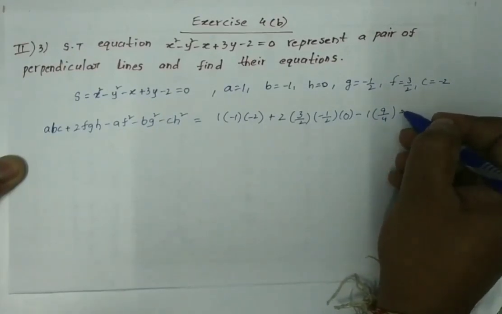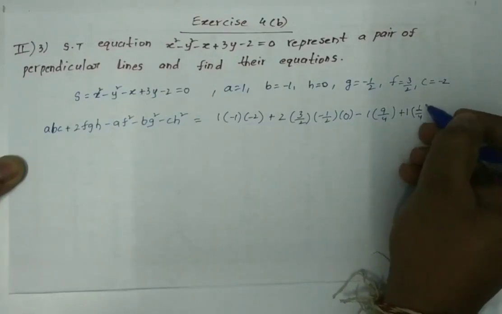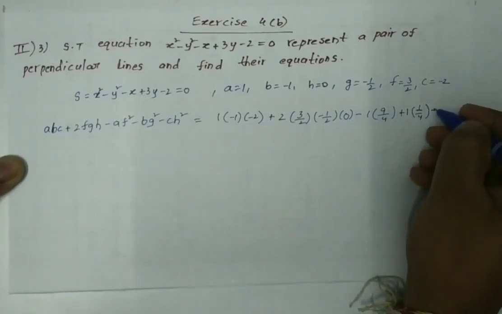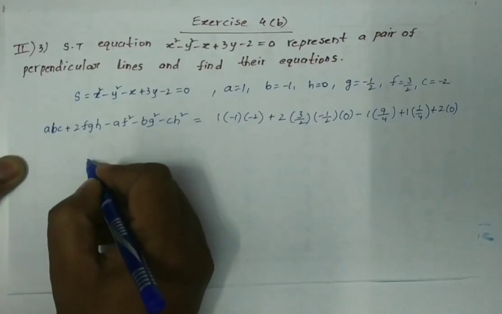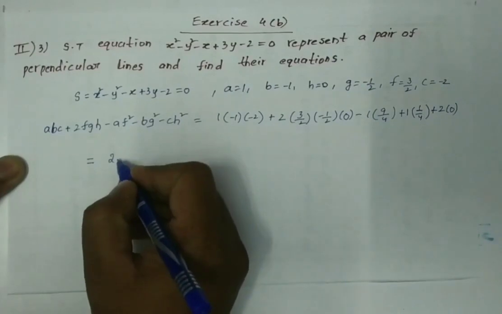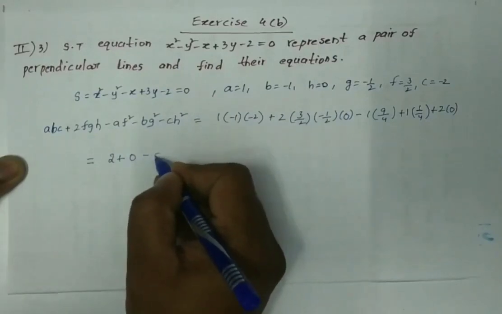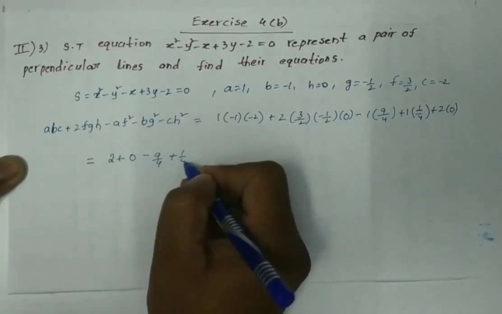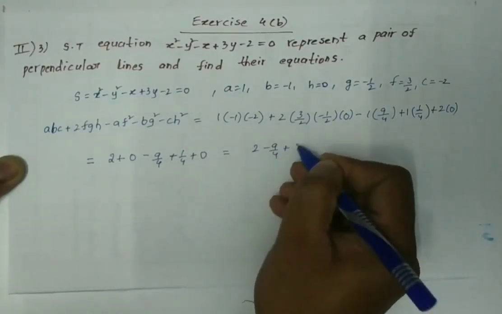Minus bg square: since b is already minus, it becomes plus 1 times g square, minus 1 by 2 whole square, which is 1 by 4. Minus ch square is plus 2 into 0, which is 0. So this equals 2 minus 9 by 4 plus 1 by 4.